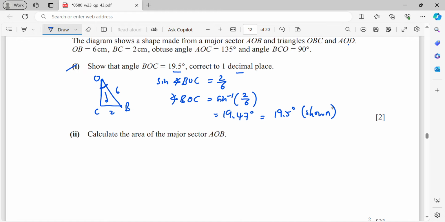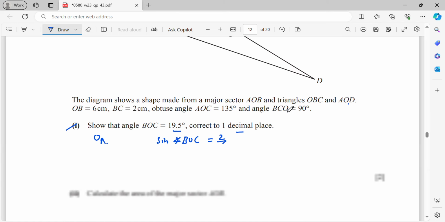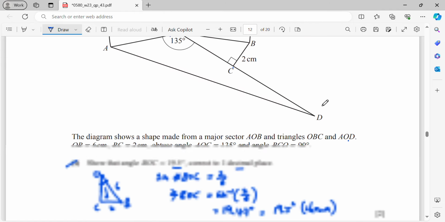Now part 2: calculate the area of the major sector AOB. The major sector AOB is basically this. So now I need to find the angle over here. The angle is the major angle AOB, which is 360 degrees minus the given angle 135.